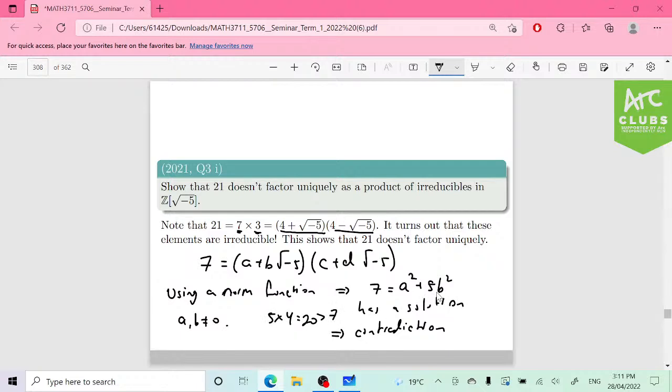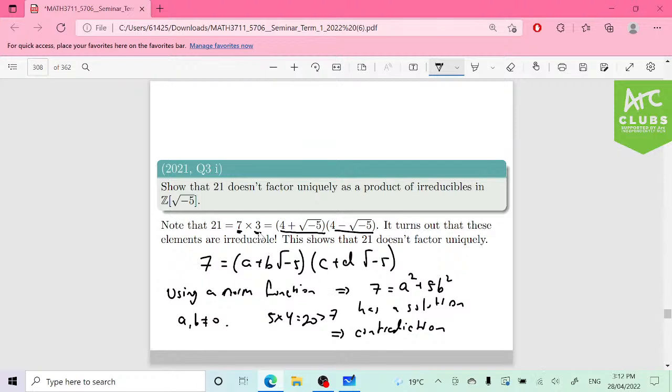So if you set a to be 0, you can't have any solutions. If you set b to be 0, then you're solving 7 equals a squared, which is not true. So neither of them can be 0, but then if neither is 0, you can't get 7 at all anyway. So this has no solutions, and therefore 7 is irreducible.